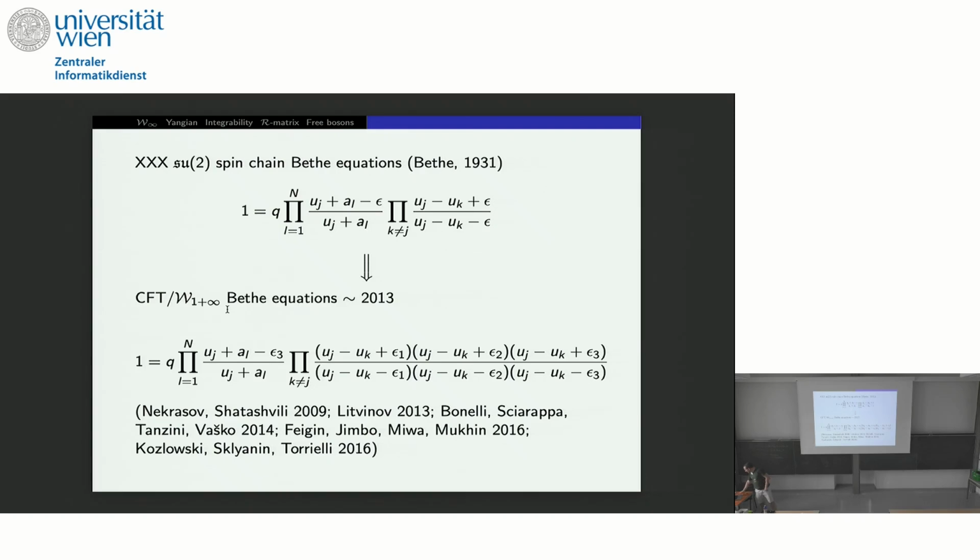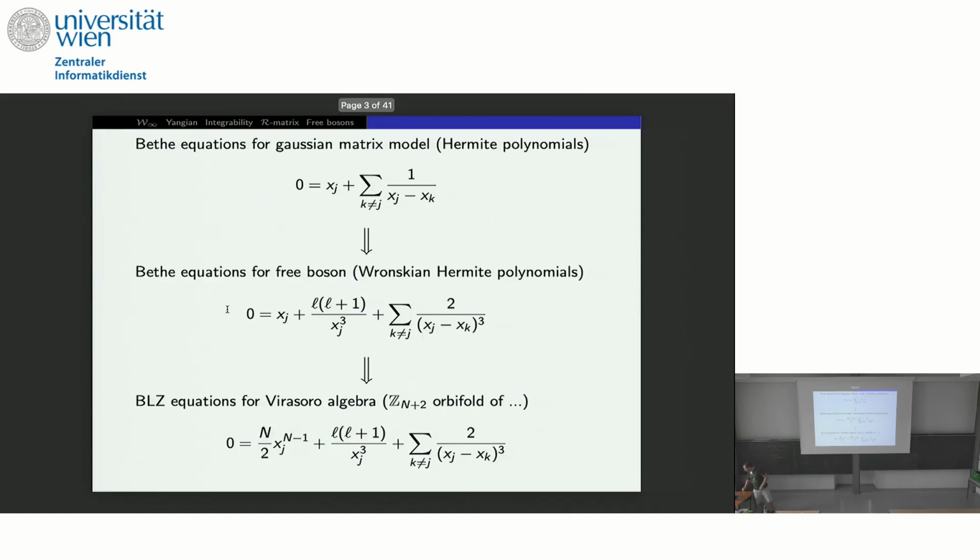Okay? And then there are other Bethe ansatz equations that one can also write down for 2D CFT, I mean, for Virasoro algebra. And again, this can be compared to much older Bethe ansatz equations. So those on the first line are well-known equations which maybe people wouldn't even call Bethe ansatz, but they are equations that are satisfied by zeros of the Hermite polynomials.